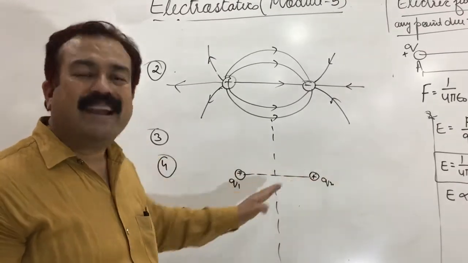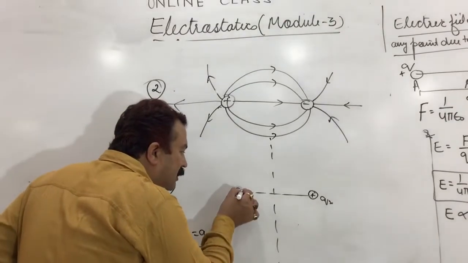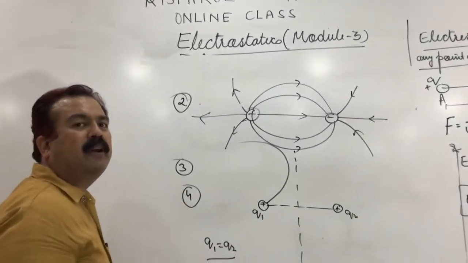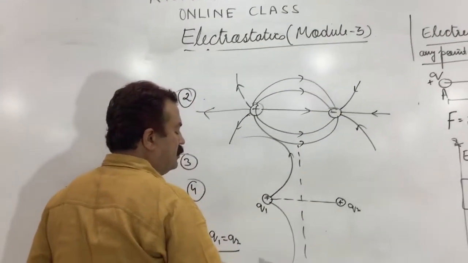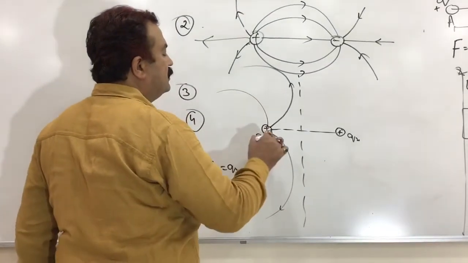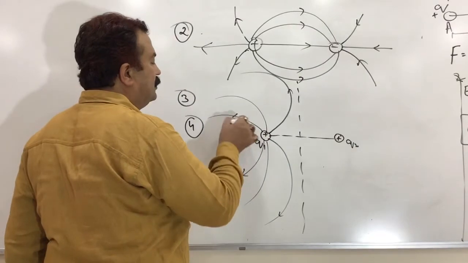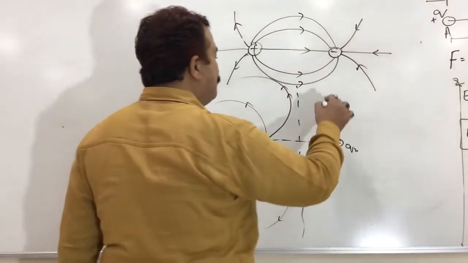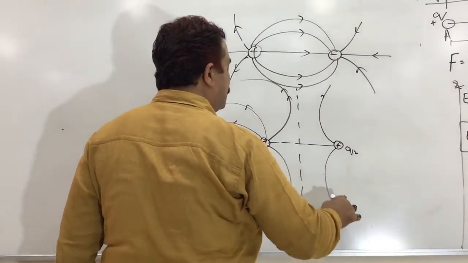It will repel them. So the electric lines of force start from here, but they go away from Q2. And this is the sketch of electric lines of force in the case of two equal charges of the same magnitude present at some distance.